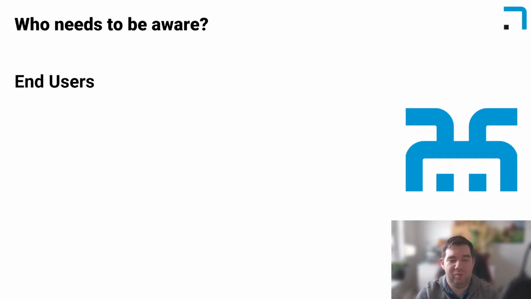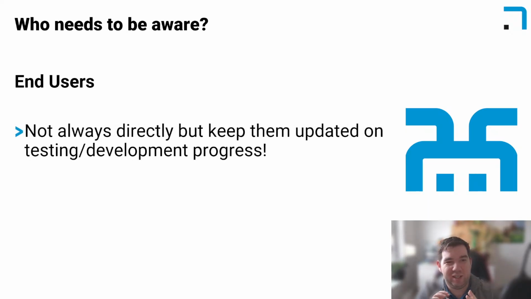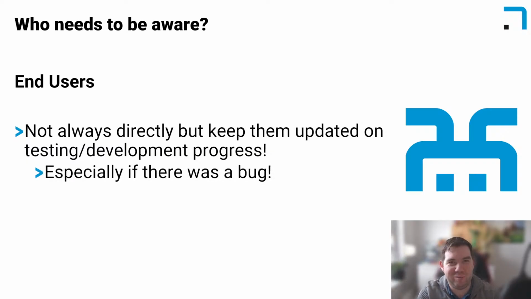And of course, when we talk about our end users, as I said, we're not always directly in contact with them, but let's keep them updated on our testing and development process, especially if there was a bug in production. It's one thing to say in patch notes or otherwise that yes, we've identified this bug, but it's another thing to really reach out and say, hey, we know this bug has been affecting people.